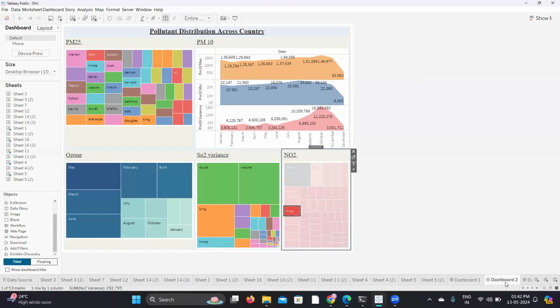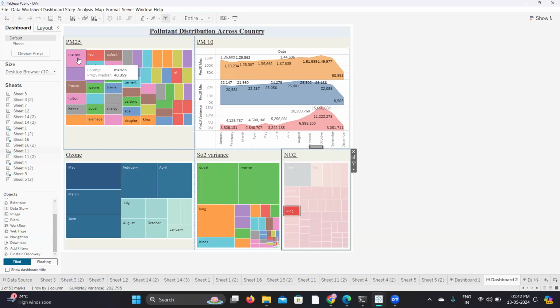So the next dashboard is for pollutant distribution across countries. This left side tree map displays the distribution of PM2.5 levels across various countries. If we click on each bar, it says which country and what the PM2.5 median is.